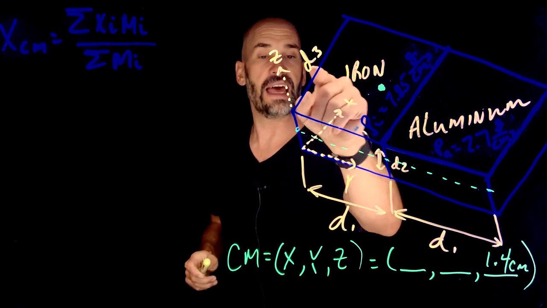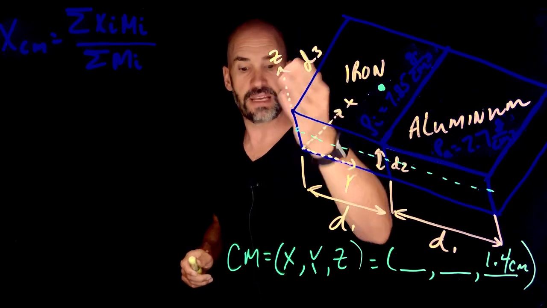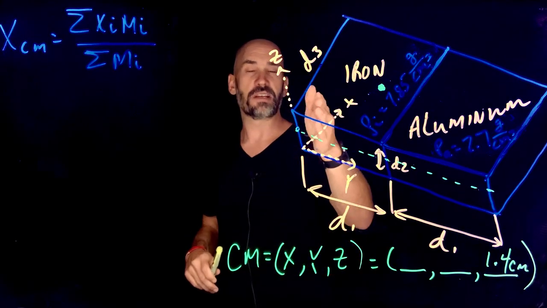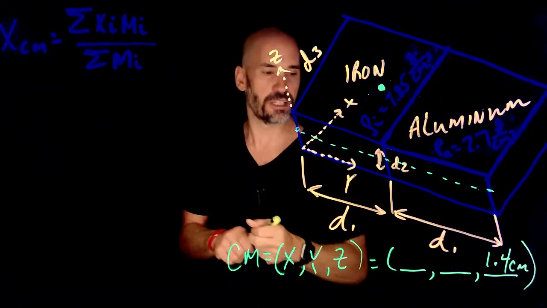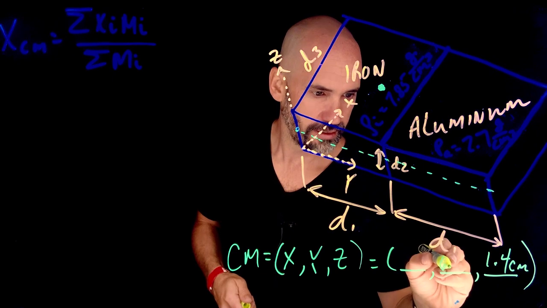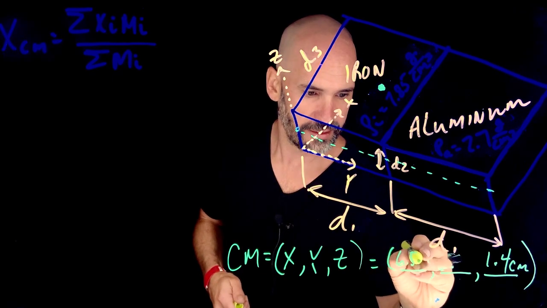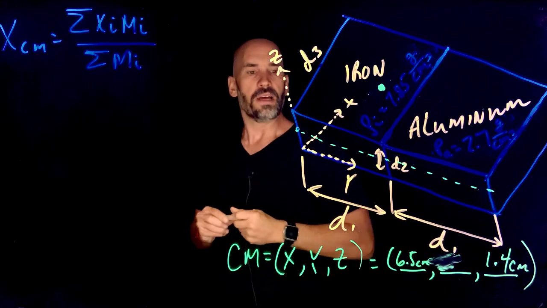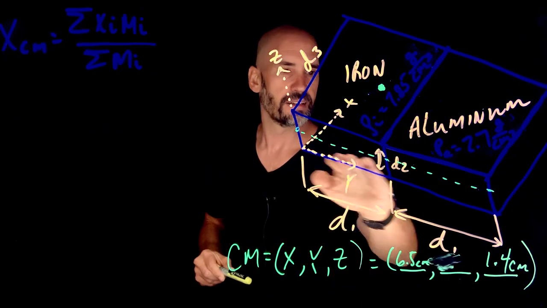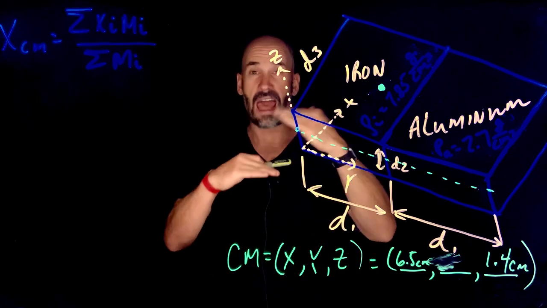So for X, that should be right in the middle, exactly half of D3. It says that D3 is 13. Half of 13 is 6.5 last time I checked. Actually, this is going to be for X, so 6.5 centimeters. So X and Z are totally easy because it's just halfway through.